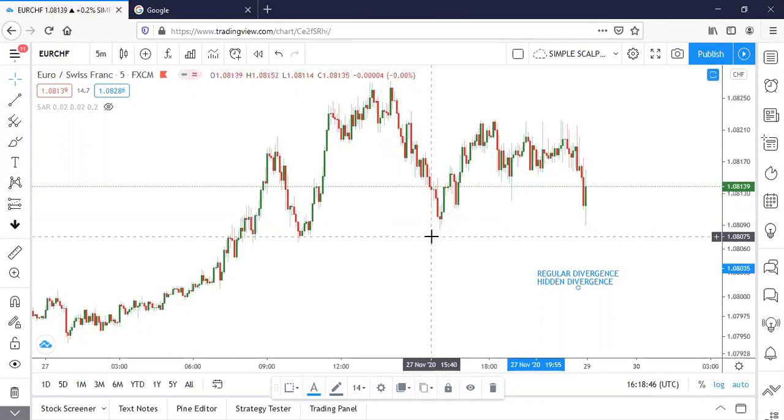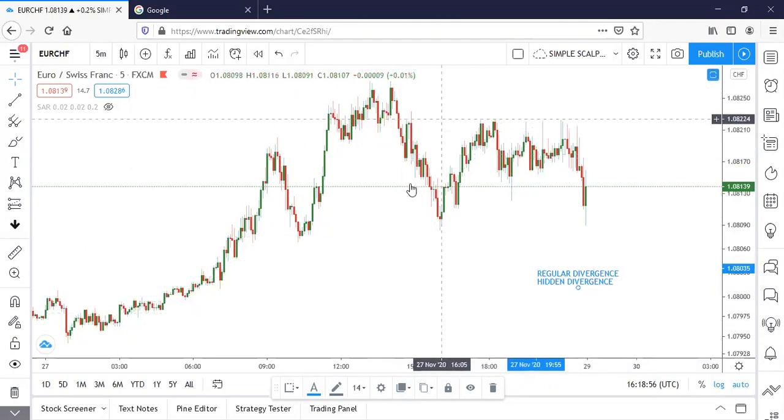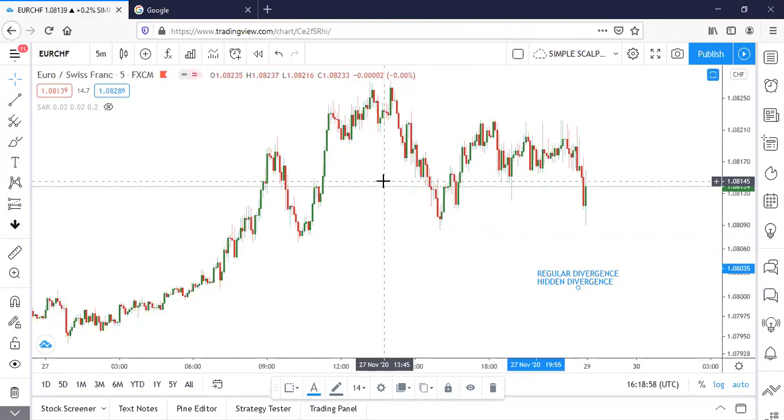Now first of all, let's talk about regular divergence. For you to recognize divergence, you have to use an indicator.